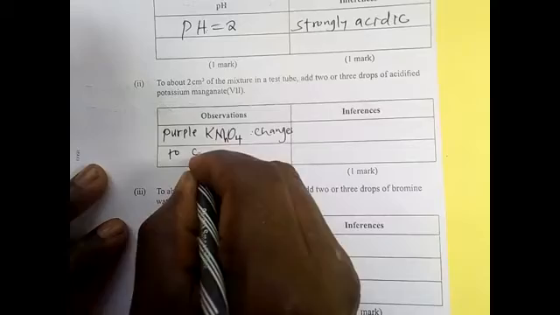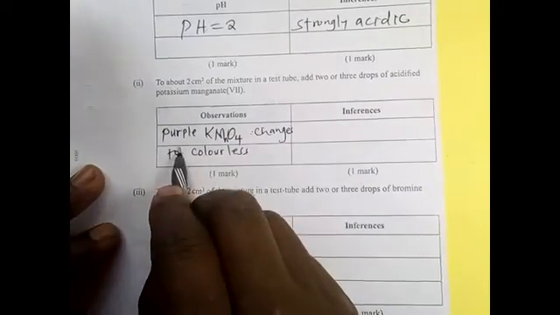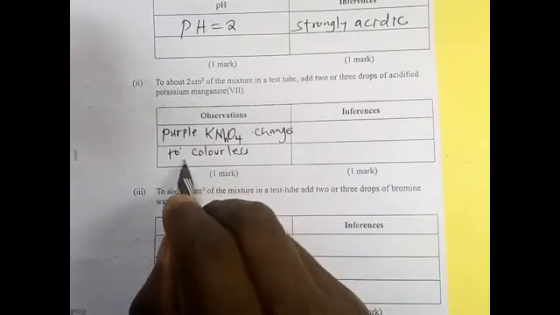Purple acidified potassium permanganate 7 changes to colorless.